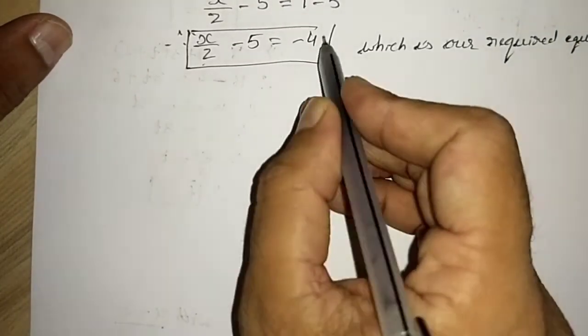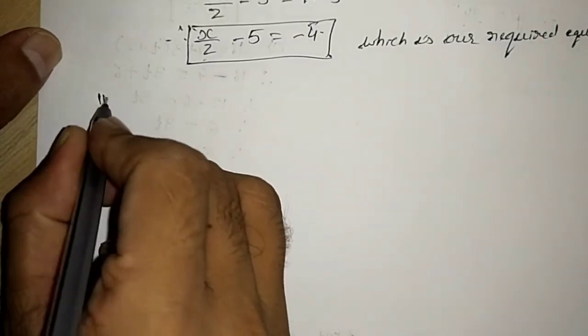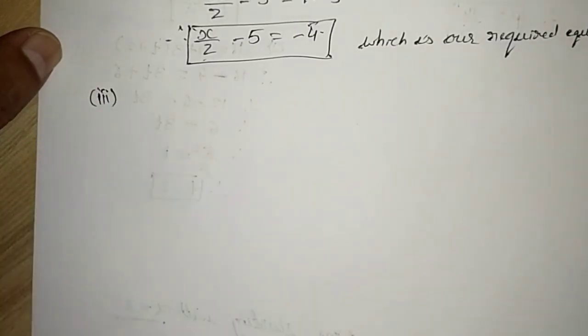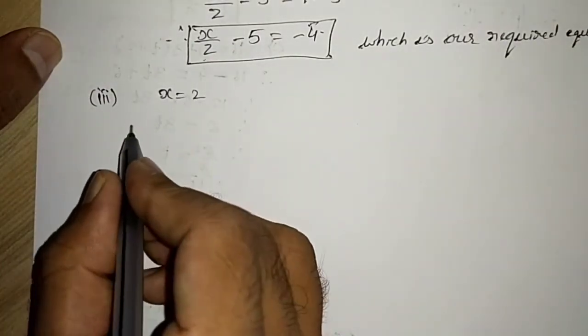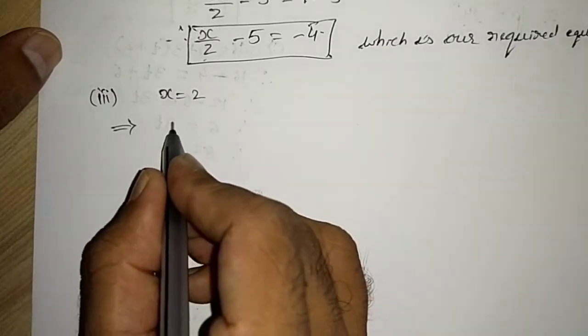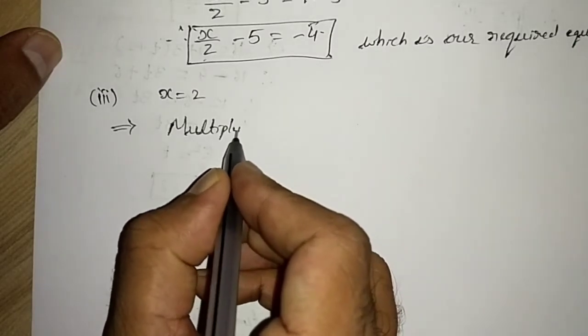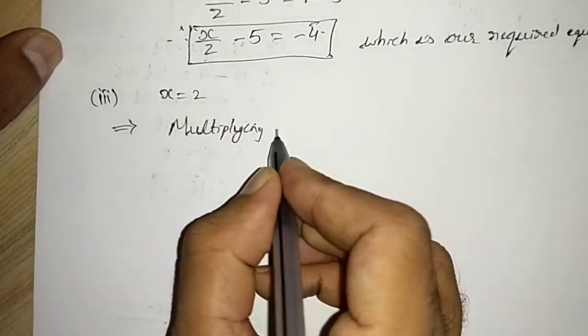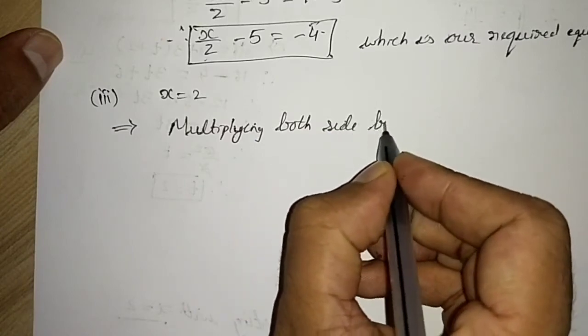If so, then the equation is true. Now giving the third equation, let us do something different. x is equal to 2 is given, so this time we will multiply both sides by 4.